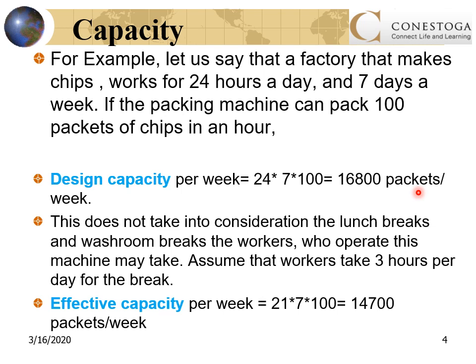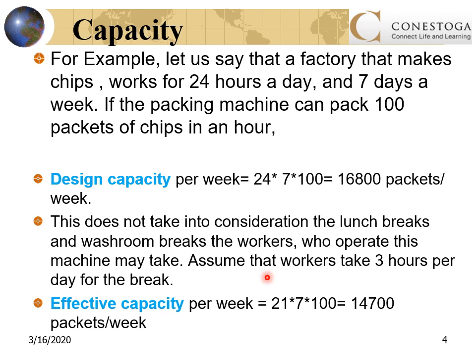So let's assume that we are observing that in a day, on an average, 3 hours of break happens for, say, washroom break and lunch break. So the effective time the packing machine is working is only 21 hours.